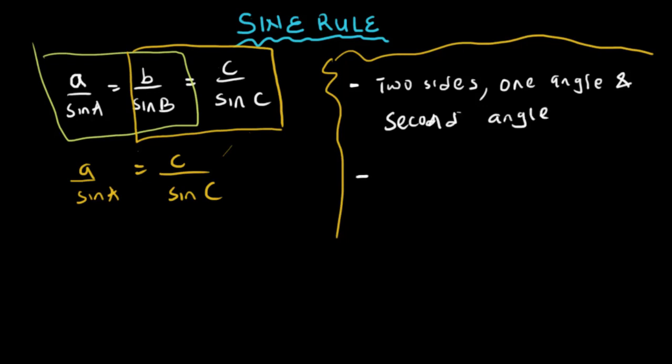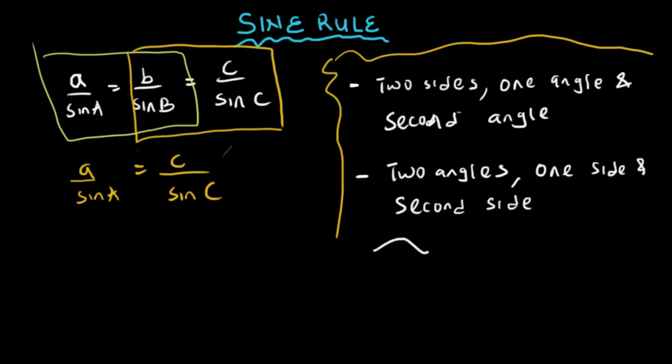The second scenario is when you know two angles and one side, and you are told to find a second side. All things being equal, you use the sine rule in these two scenarios.